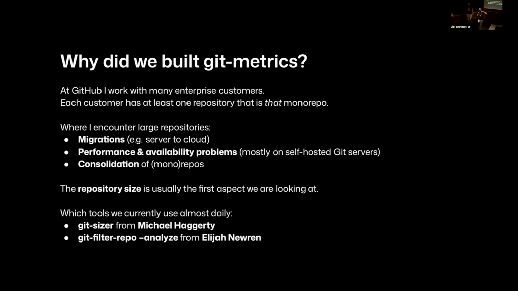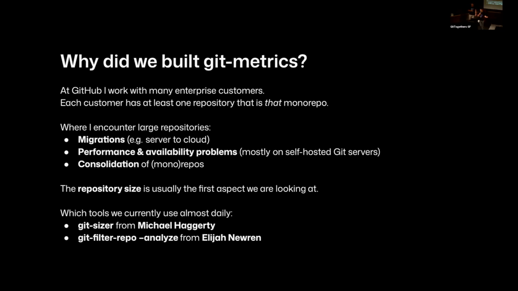And then companies often consolidate repos into a single repo, multiple monorepos in another bigger monorepo. And when we help customers with that, the first thing we look at is the repository size. There are amazing tools already out there that we use almost daily.